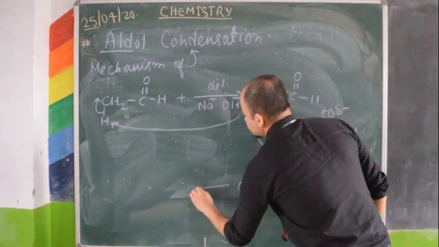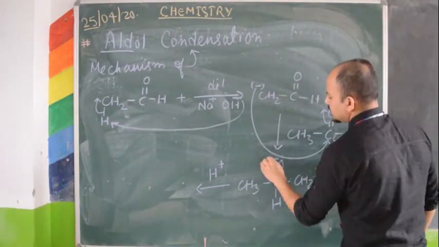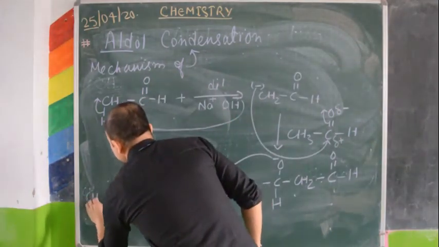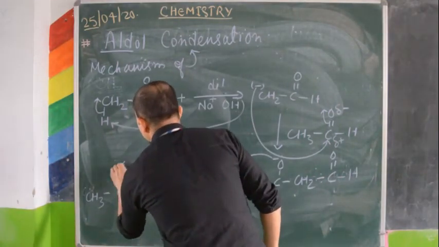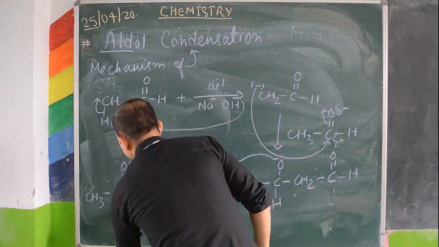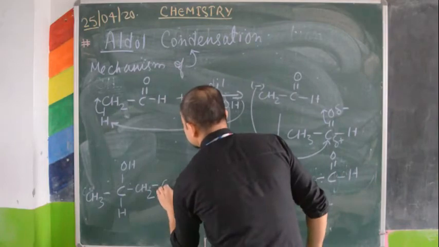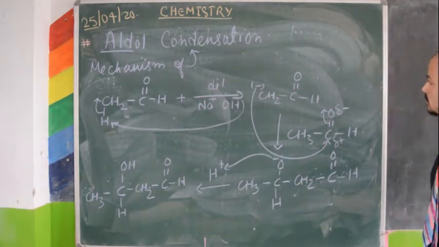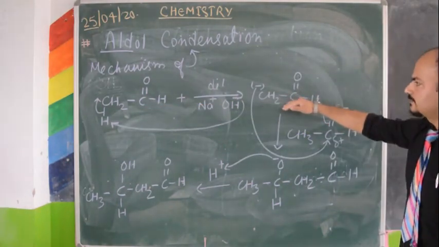And the last step is very simple. The H plus ion which was lost in the first step will be taken over by this negatively charged oxygen, and hence we get the final product. That is CH3 CH(OH) CH2 C double bond O, H. So one molecule has been converted into anionic form.